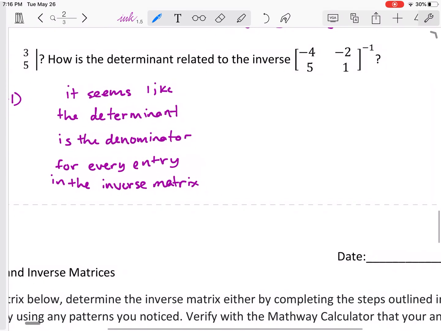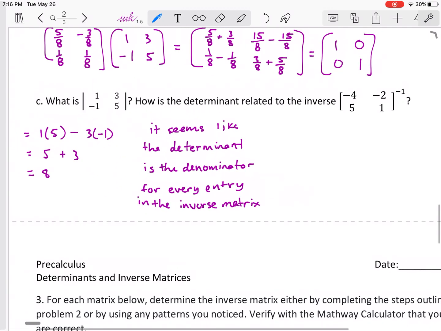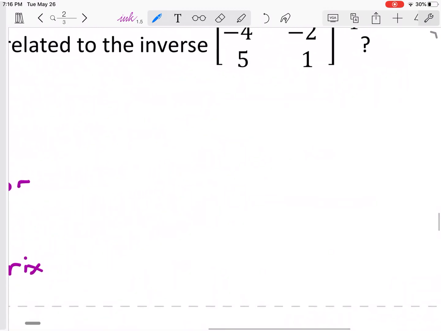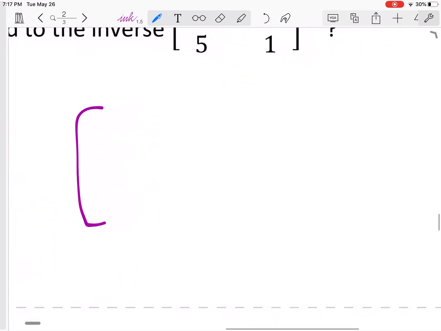All right, so now we just want to start to recognize a pattern here. Let's actually list these. The original matrix that we had was 1, 3, negative 1, 5.